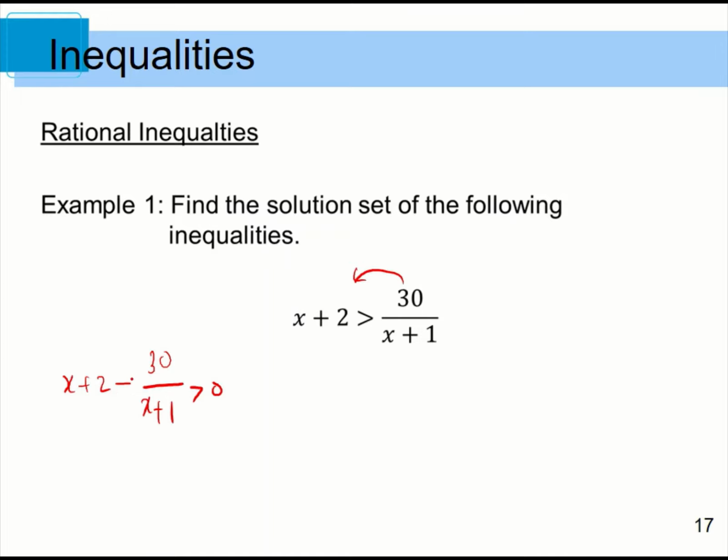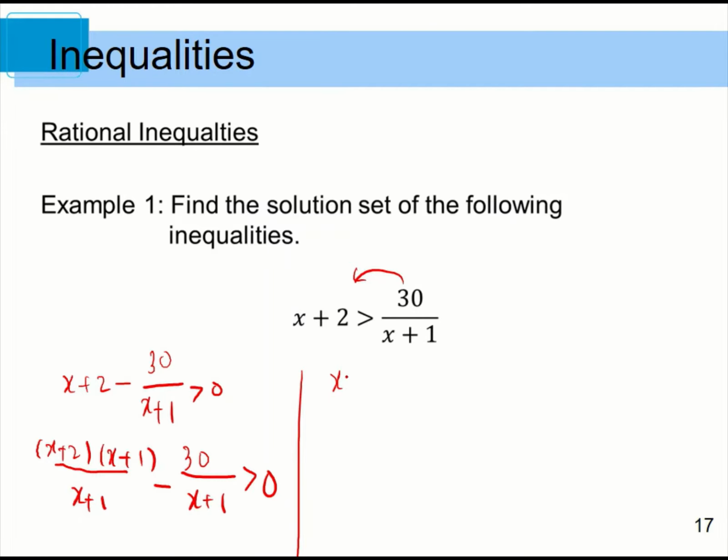In order to subtract, we change this to the same denominator, so we have x plus 2 multiplied by x plus 1, minus 30 over x plus 1 is greater than 0. Then from here we have x squared plus 3x plus 2 minus 30 over x plus 1 greater than 0.